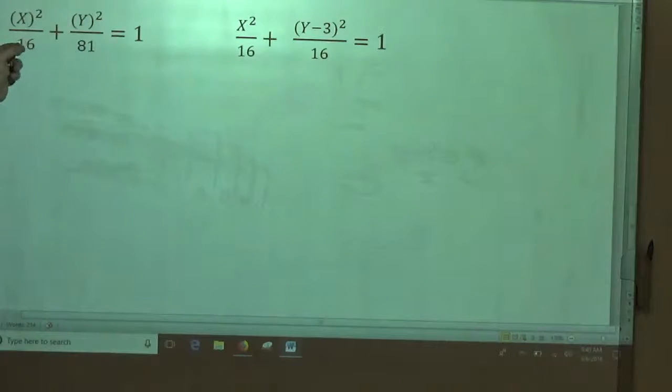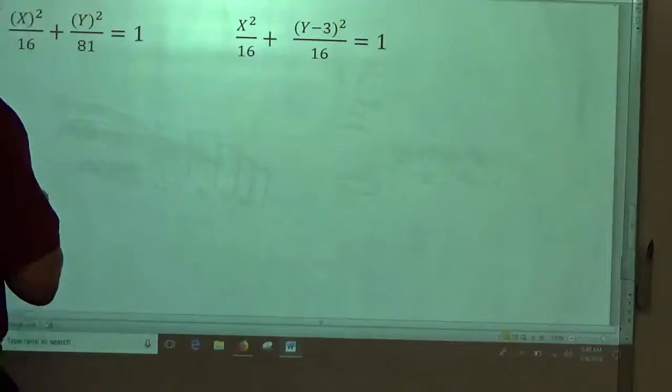All right, what is this? Both squared, right? Both the same sign, but this has a 4 in each direction, and this has a 9 in each direction. The 4 is in the x direction, so the center of this is plus 0, plus 0. Okay?